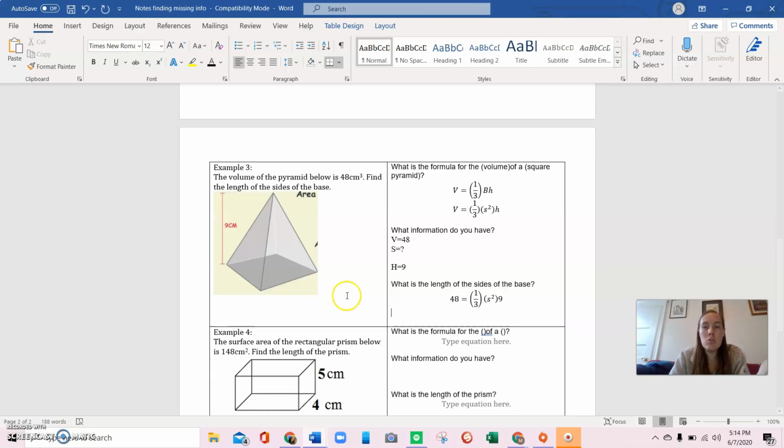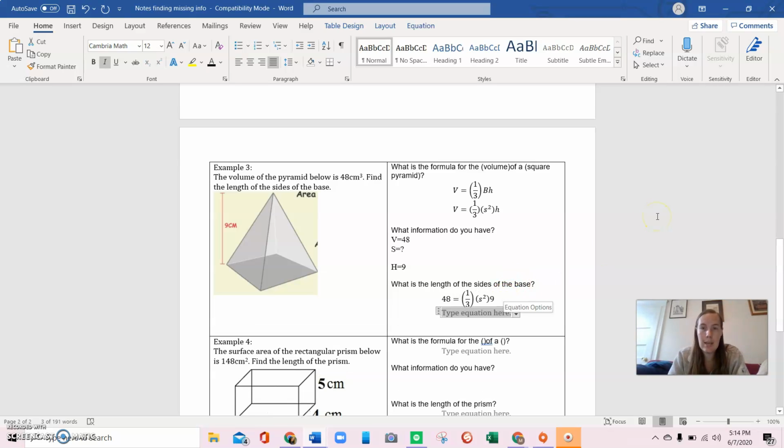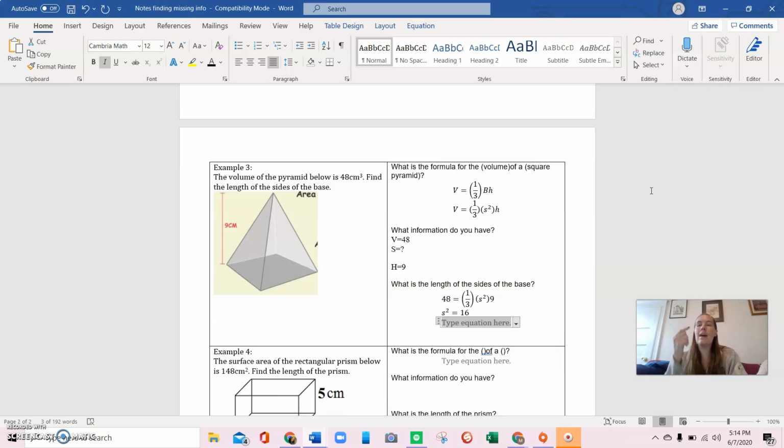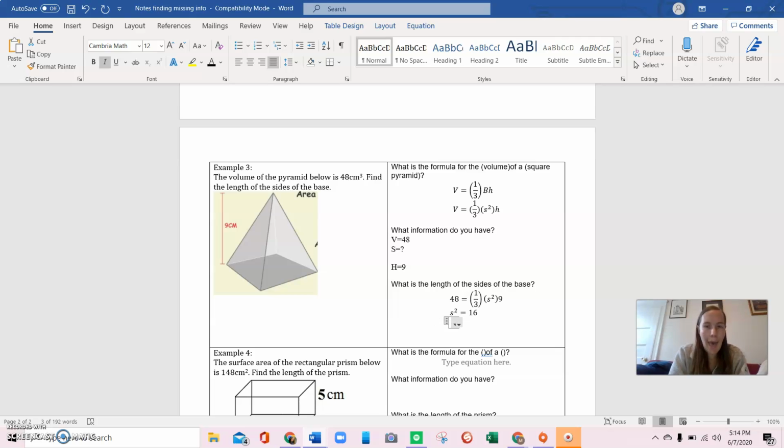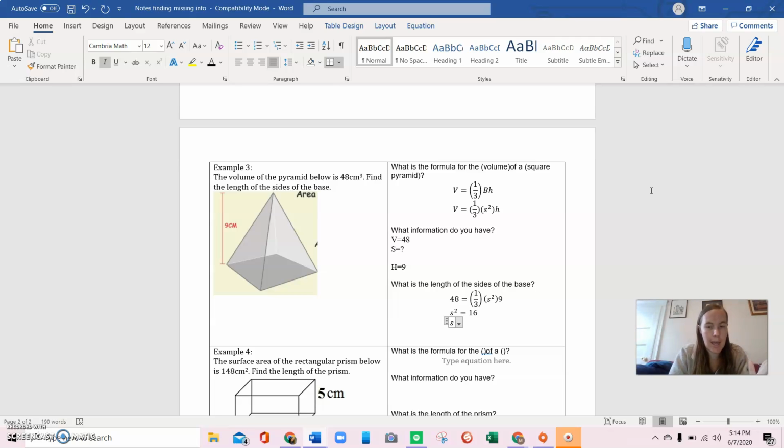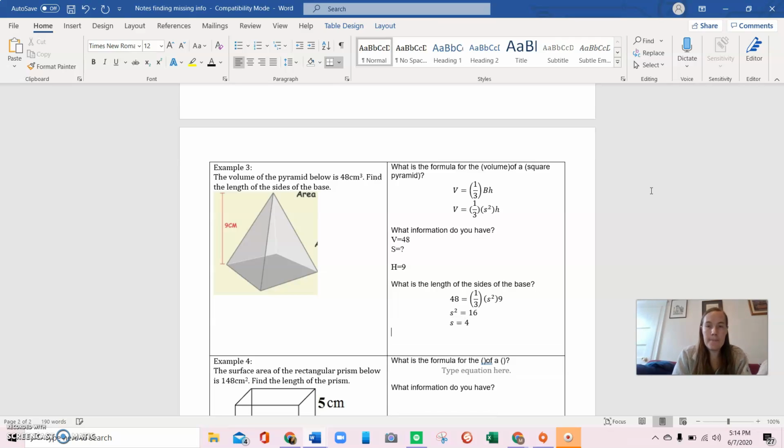So I want you to try this and tell me, what did you get when you did this? You should have gotten sides squared to be 16, which would mean the opposite of squared is square root. So S, just one singular side, would be 4.